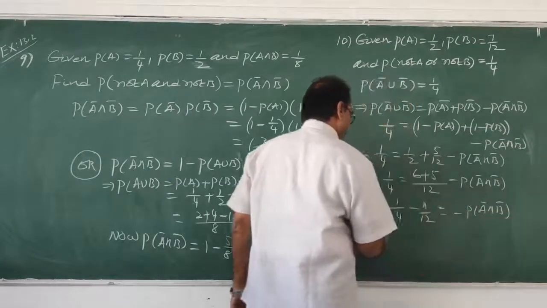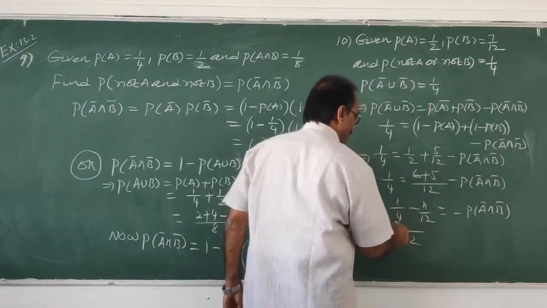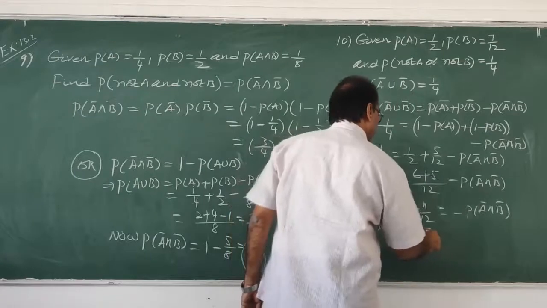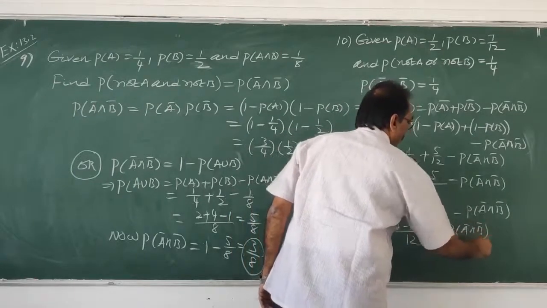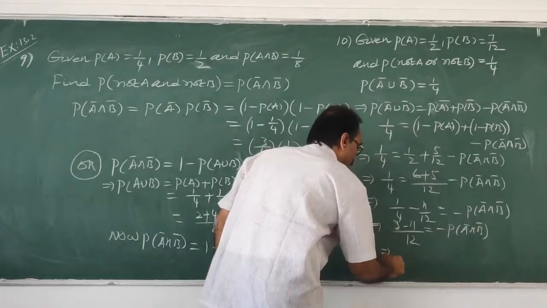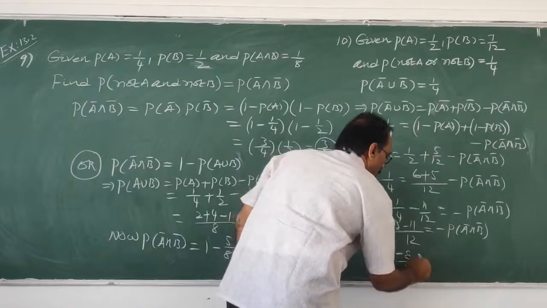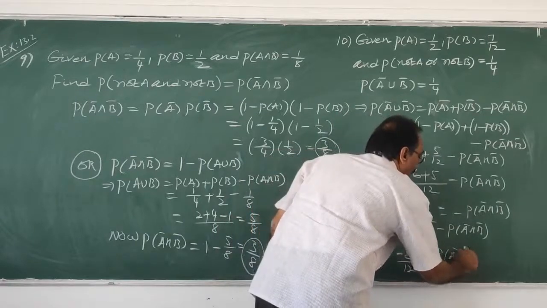Now tell me, 12 LCM, in 12, 4 goes 3 times. 3 minus 11 is equal to minus P of A bar intersection B bar. Now 3 minus 11 means how much? Minus 8. Minus 8 by 12 is equal to minus P of A bar intersection B bar.